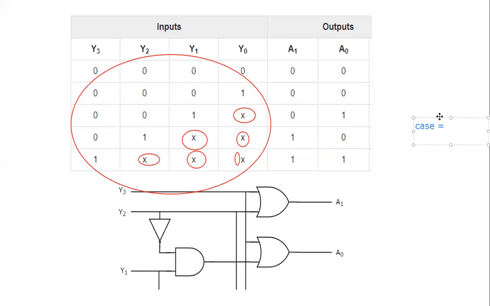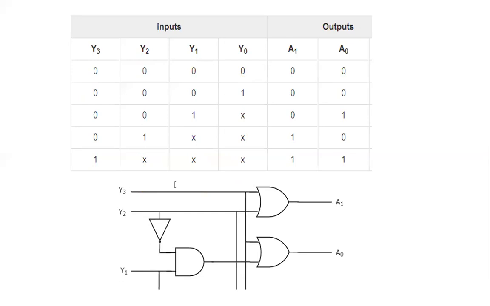Verilog provides two variants: casex and casez. If I have an x in the input combination, I can use casex. If I have a z in the input combination, I can use casez. Since I have x in the input combination, let us write the code using casex.